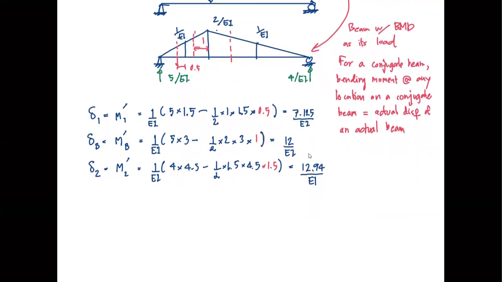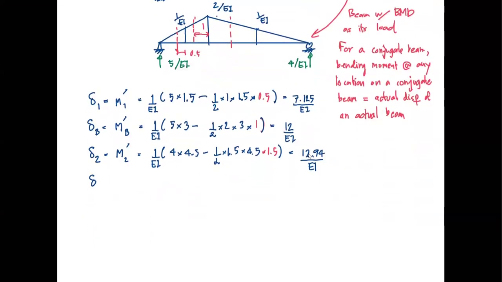Are you bored of this? Would you like me to tell you the numbers right away, or would you like to have it all? Because it's repetitive. Next is delta D. Do one more, okay? It's equal to the moment of the conjugate beam at D, which is 1 over EI.